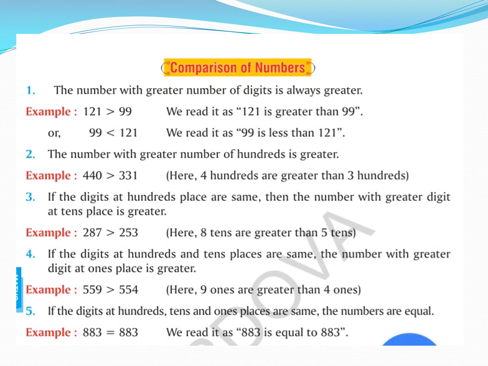Okay, if the digits at hundreds, tens and ones places are same, the number will always be equal. For example, 883 is equal to 883. So from this slide, you have to remember these 5 points.